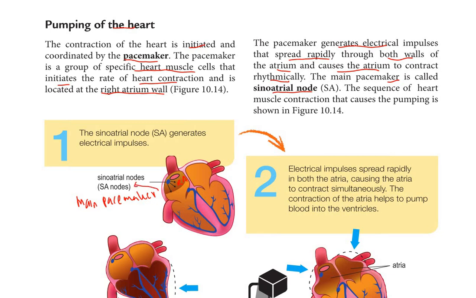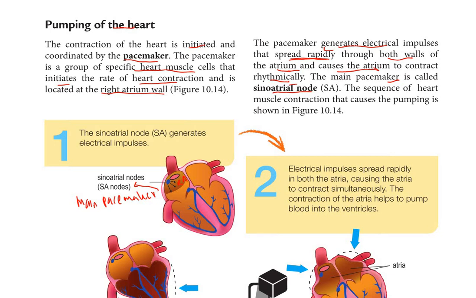What does this main pacemaker do? It will generate electrical impulses that spread rapidly through both walls of the atrium and cause the atrium to contract rhythmically. So that's why the heartbeat actually has no need to get impulses from the nervous system, because the heart has the pacemaker that can generate electrical impulses by itself.